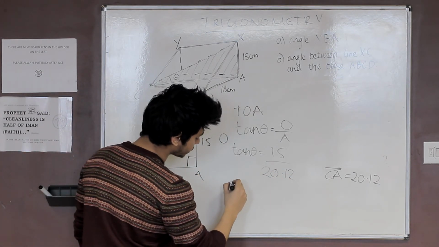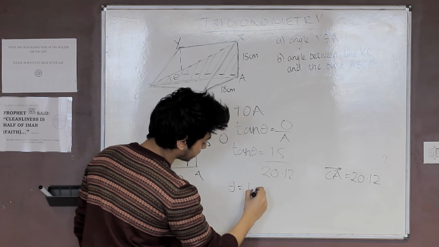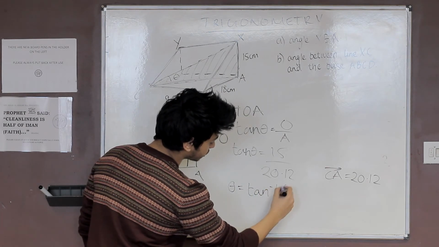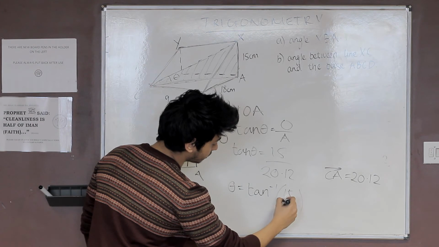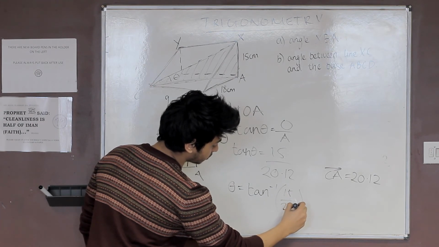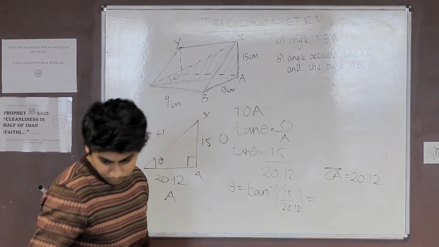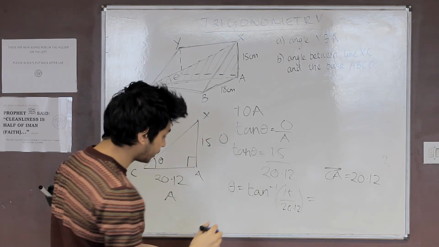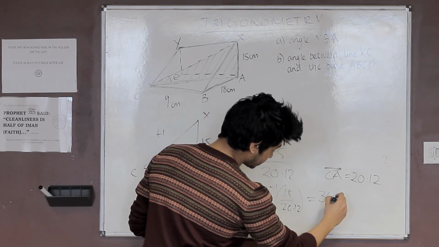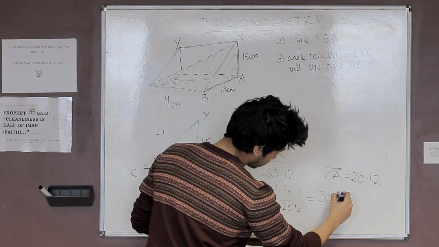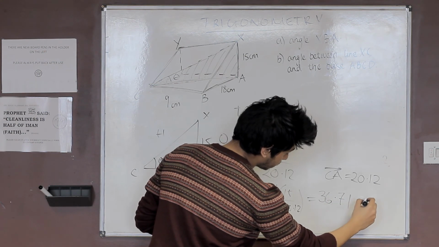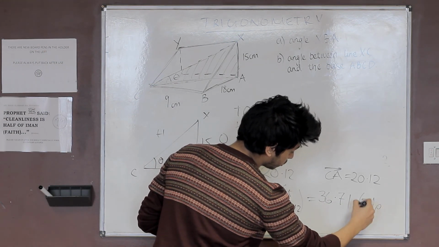I'm going to rearrange this to make theta the subject: theta equals tan inverse 15 over 20.12. And that gives us the answer of 36.71 to 2 decimal places.